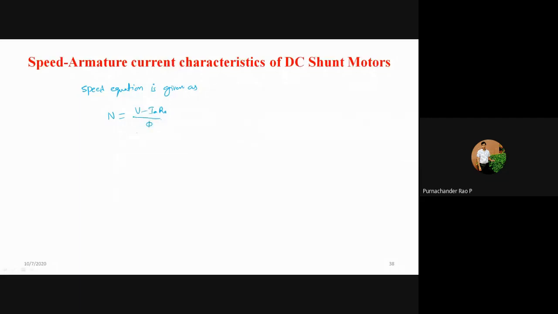But flux is a constant parameter, and therefore this can be represented as N is proportional to V minus IA RA. Now I need to draw the speed versus armature current characteristics.